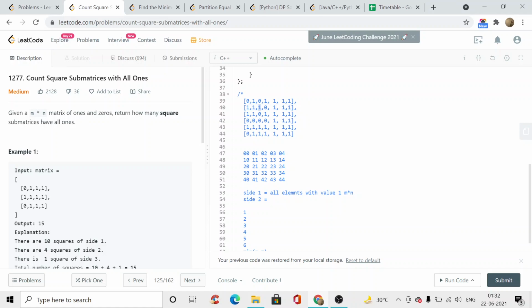So if we know what squares could be formed at each position, we can easily get it. If we check, this is 0, this is 1, and this is 1, 0. So it tells us that a size of 3 is not possible. Whatever is the minimum of all these.